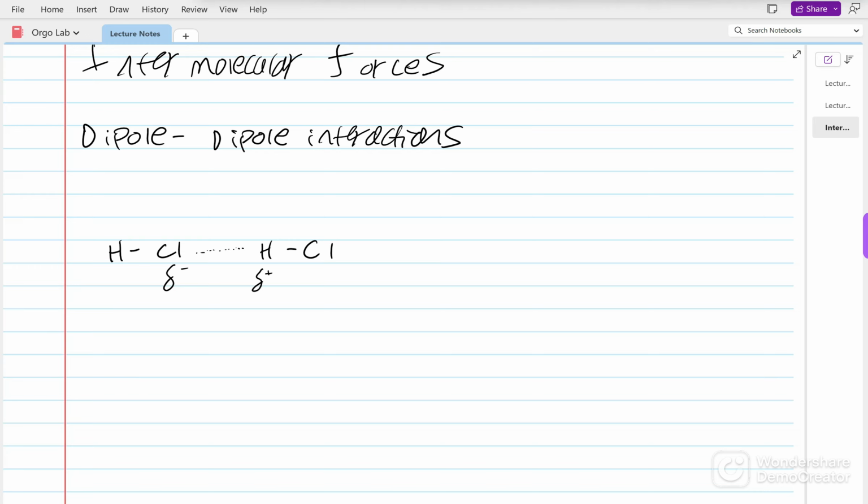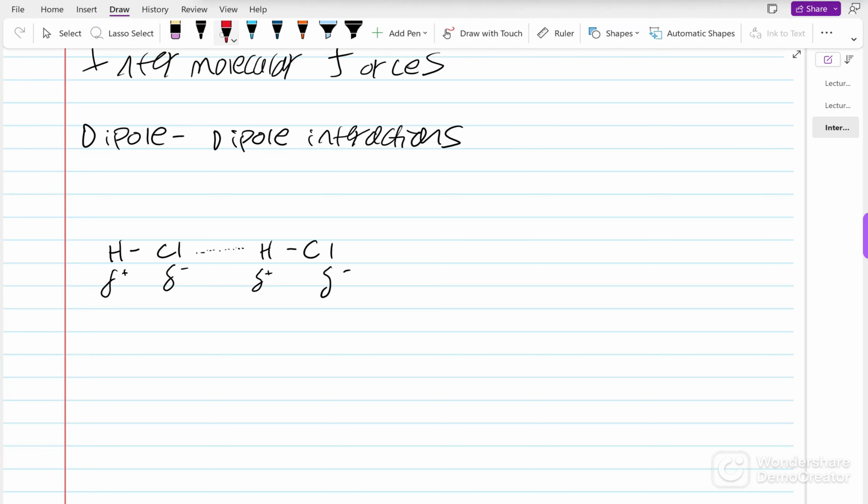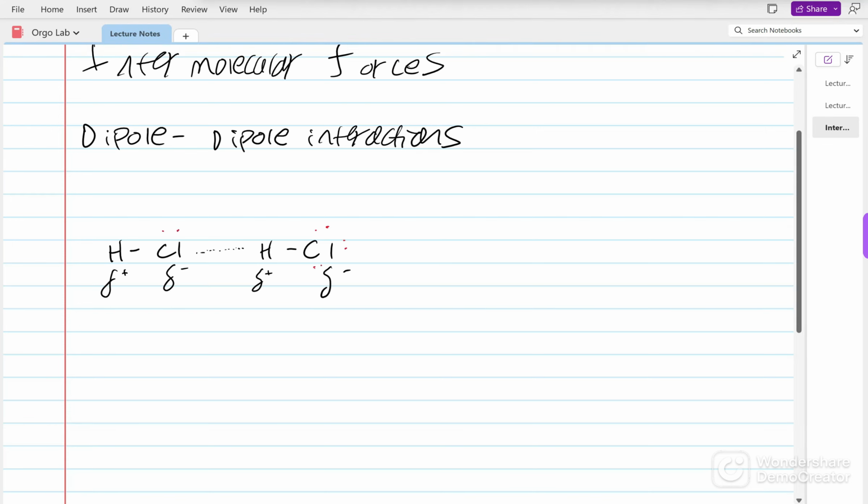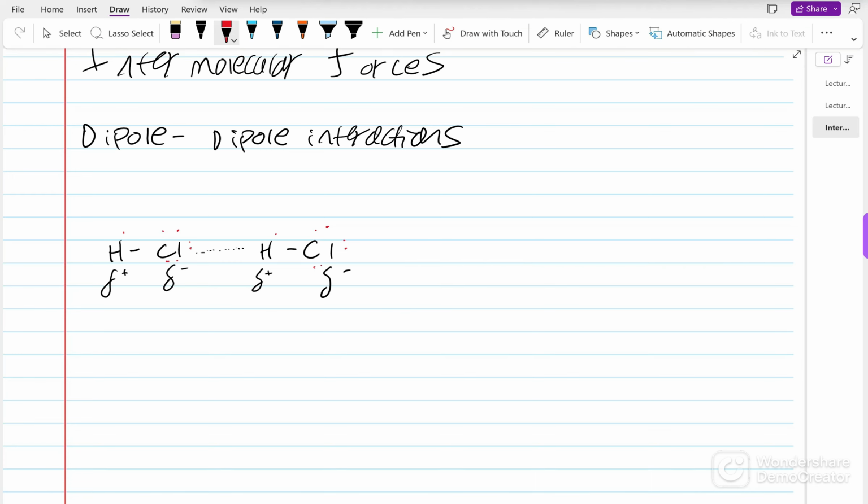In order for something to qualify as a dipole-dipole interaction, there has to be a net dipole moment between polar molecules. Polar molecules have an electron-poor and an electron-rich area, which is why I showed this little diagram of the electrons being shifted, with the electron-poor being the hydrogen.